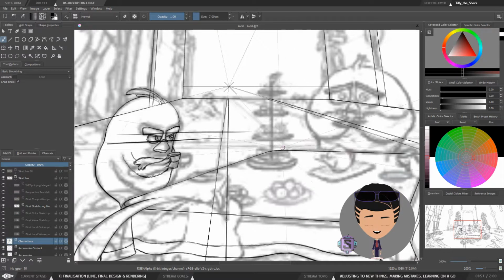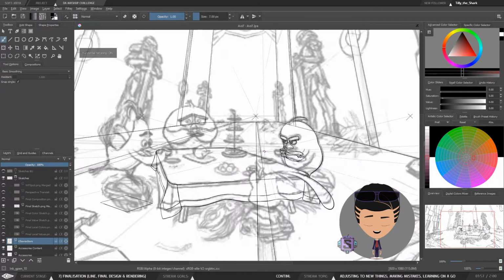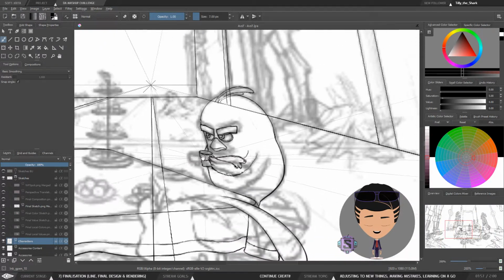It's still tilted, but we could go even more, express it even further.